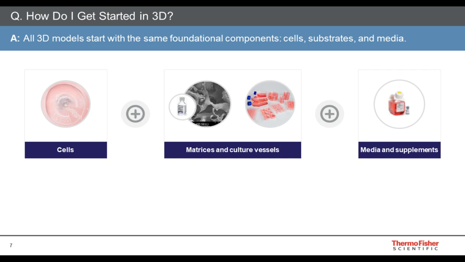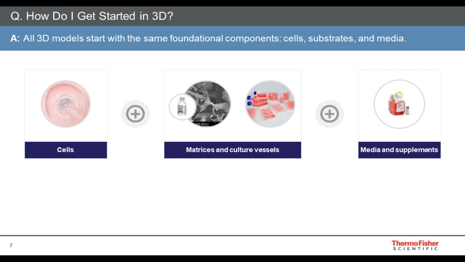Another obviously key ingredient for culturing these things is the use of matrices, such as different types of basement membrane extracts, and also specialized culture vessels or culture vessels with specialized surface treatments.